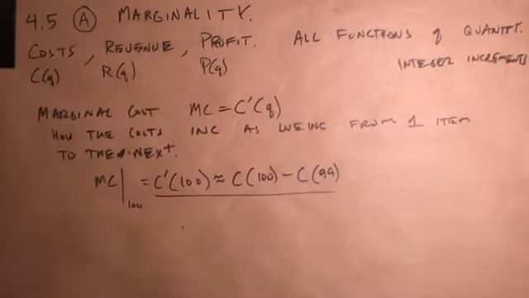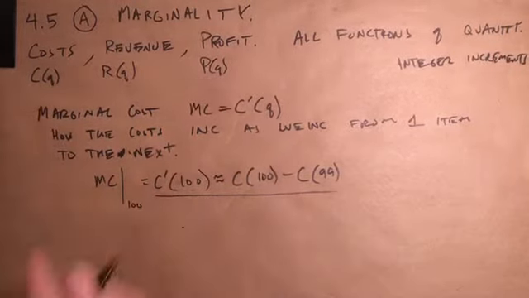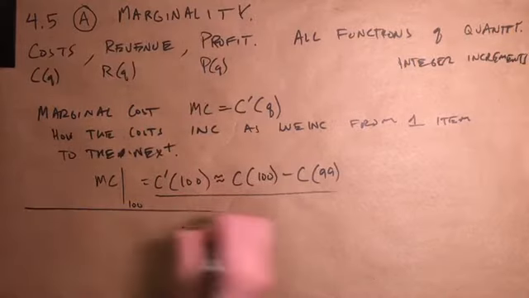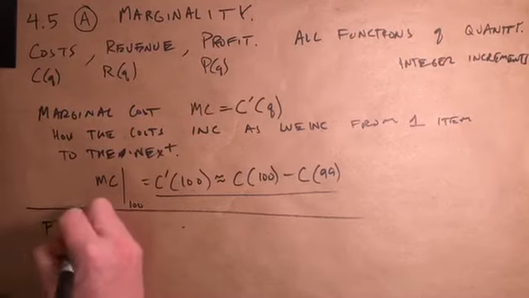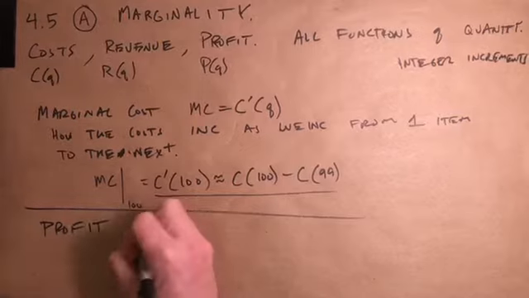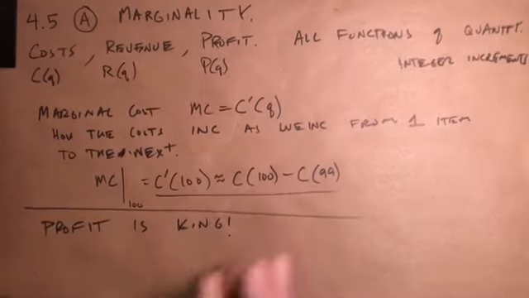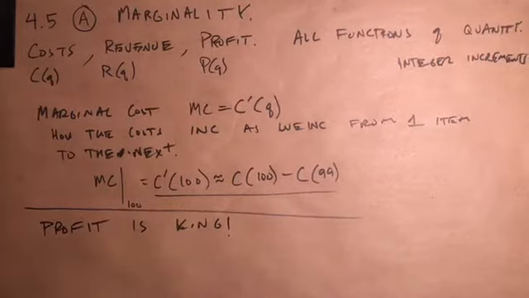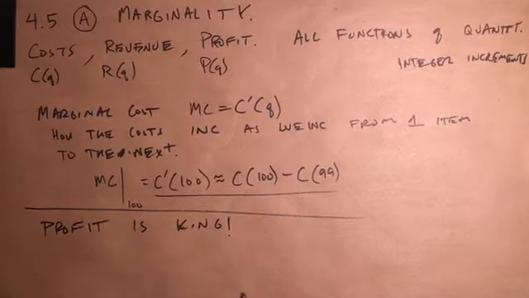Let's look at what this means in terms of profit, because profit is king, yes? If my revenues are very, very high, it doesn't really matter unless my costs are less than my revenues.